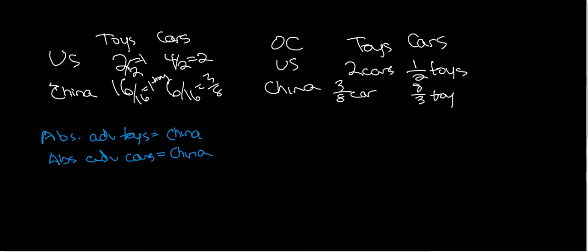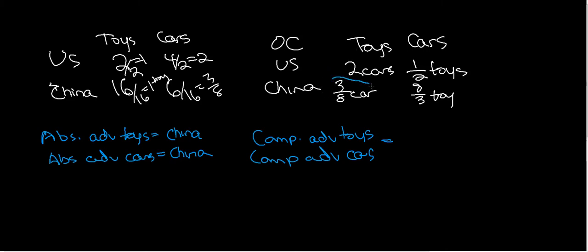Now, from here, you can determine the comparative advantage for toys and the comparative advantage for cars. Comparative advantage takes into regard which country can produce one of this item in the least amount of the other item.